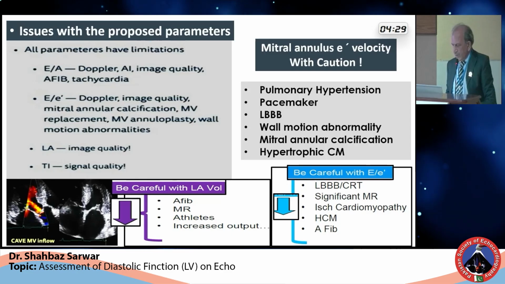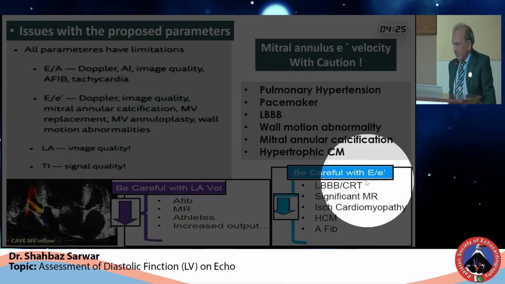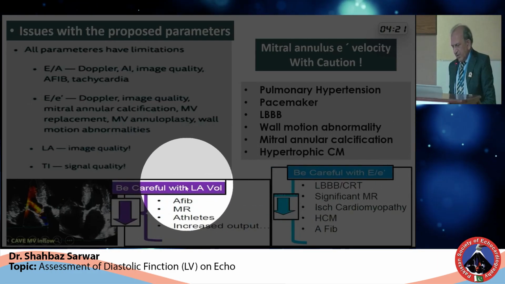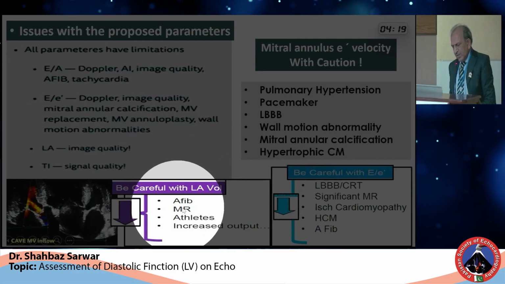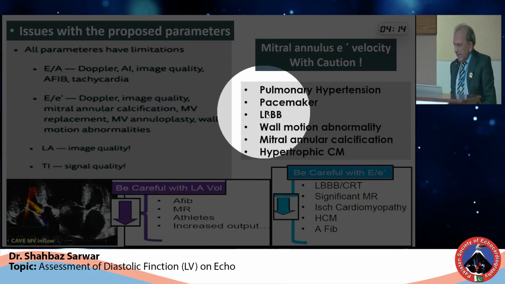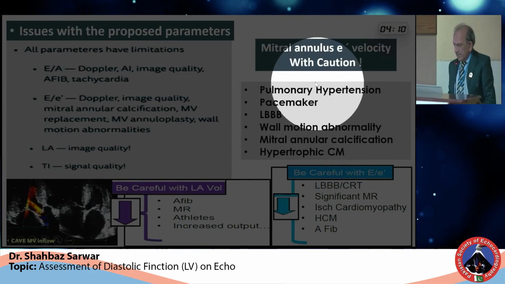There are issues with the E velocity, and we have to be careful with the E by E prime ratio and left atrial volume index, as I have told you, with atrial fibrillation, MR, athletes, increased output, pulmonary hypertension, bundle branch block, or MAC with the E prime.